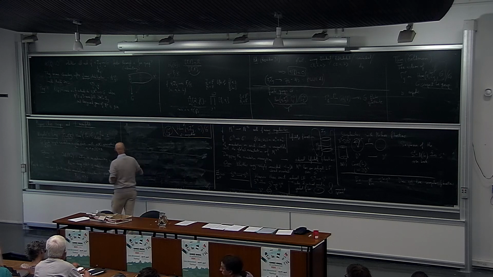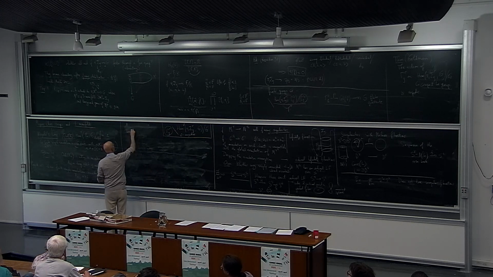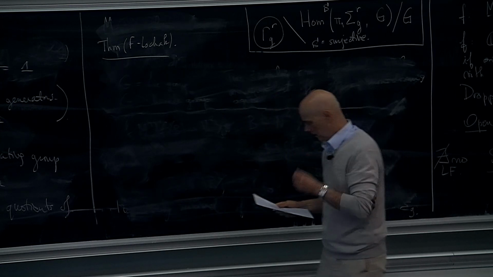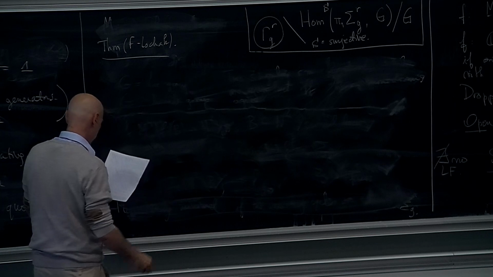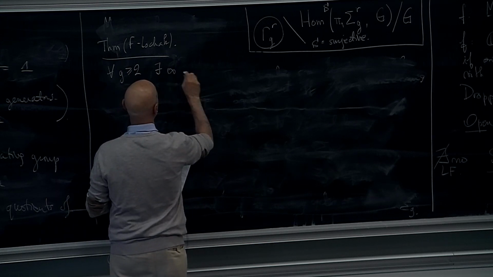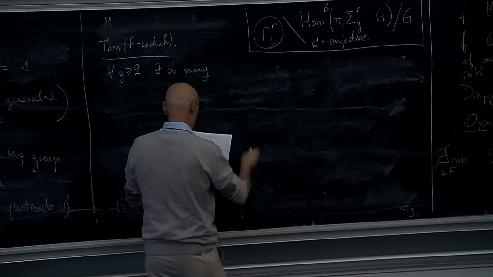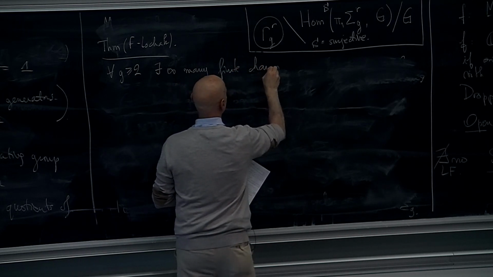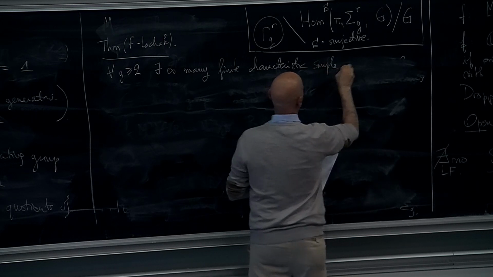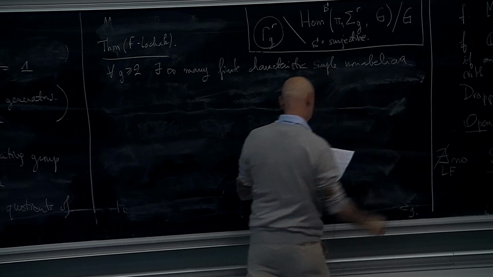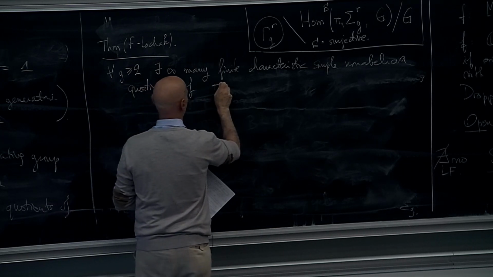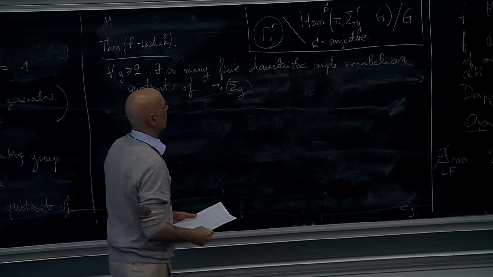And actually what we could prove in a joint paper with Pierre Lochak a number of years ago is that for any genus g at least 2, there exist infinitely many finite characteristic simple non-abelian quotients of pi_1 of Sigma_g.